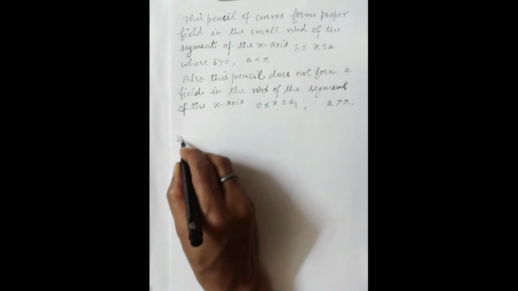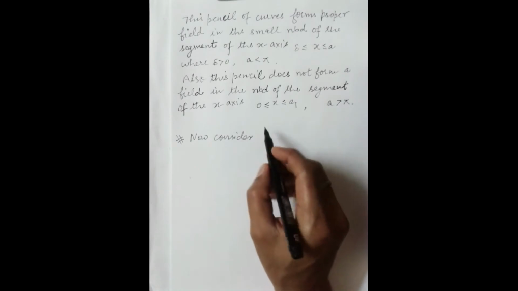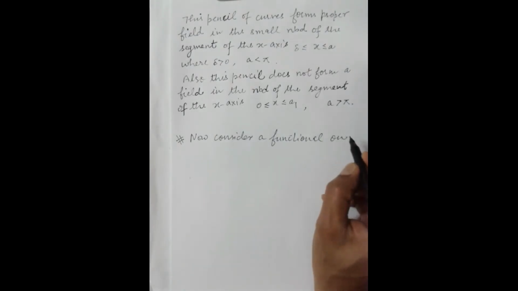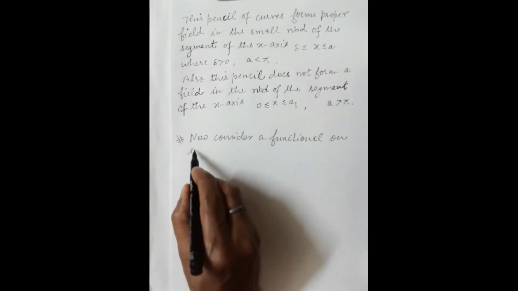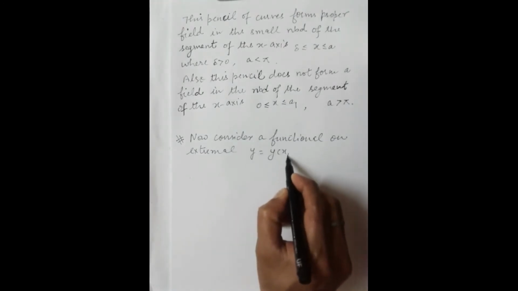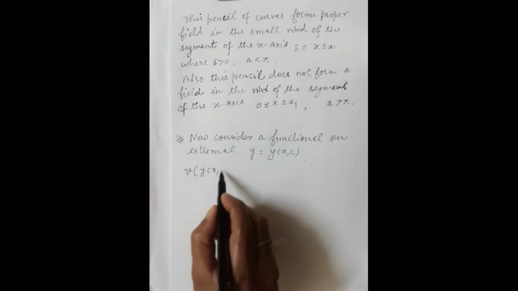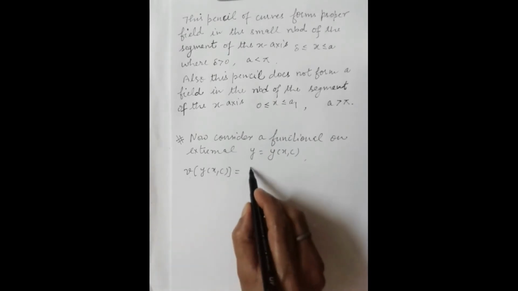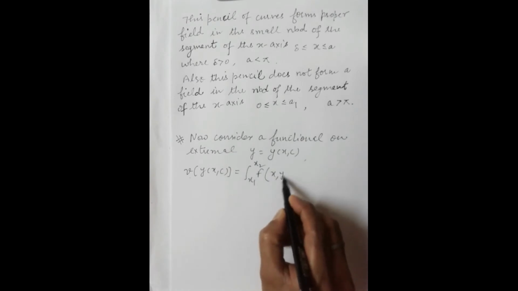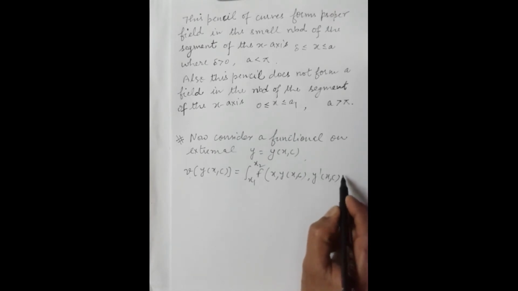Now consider a functional on extremals y equal to y(x, c): V[y(x, c)] equal to the integral from x1 to x2 of f(x, y(x, c), y'(x, c)) dx.